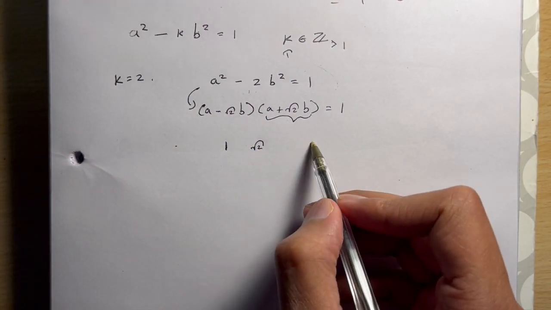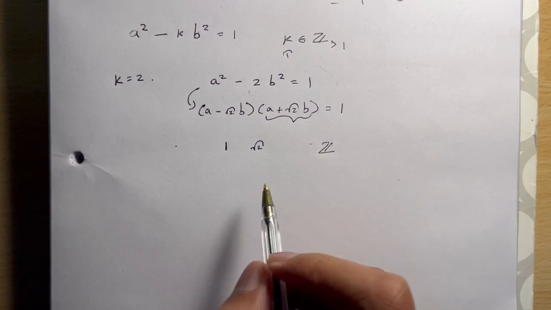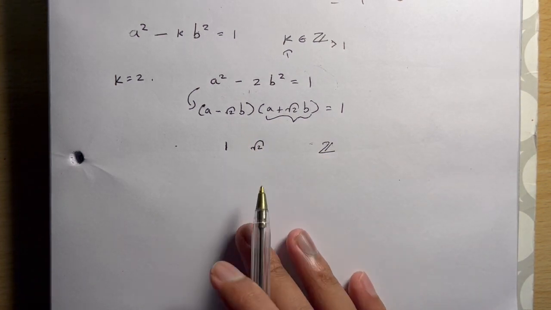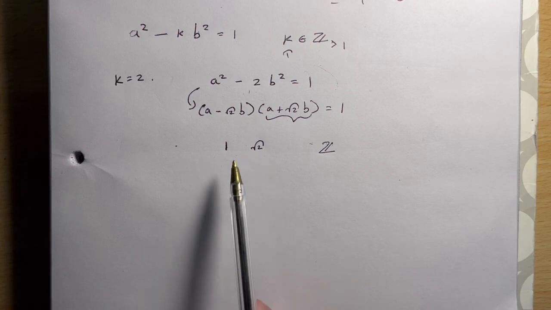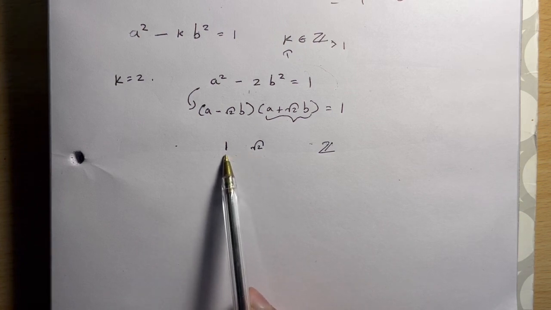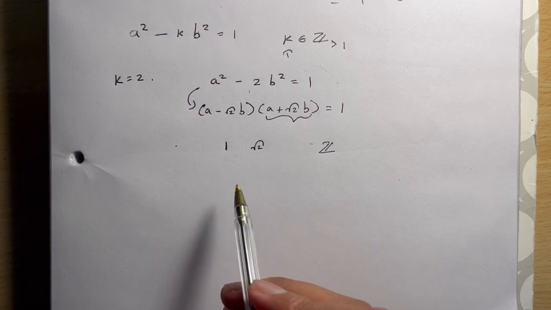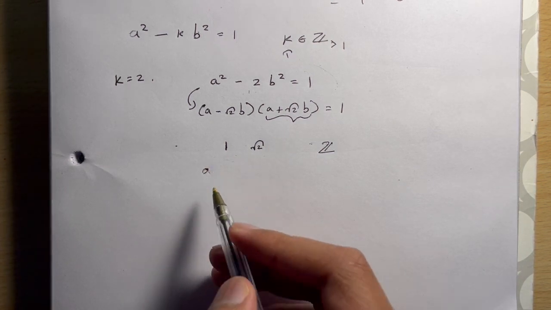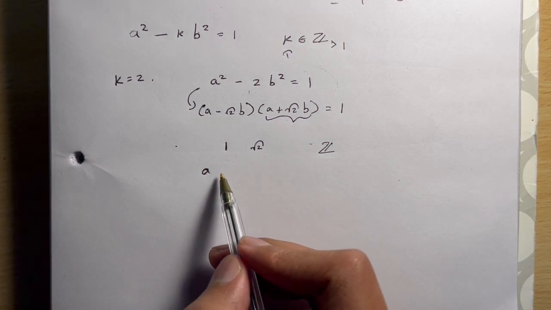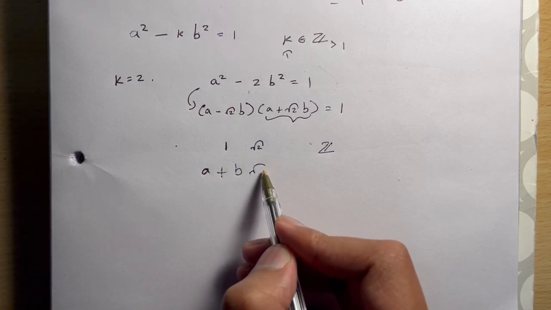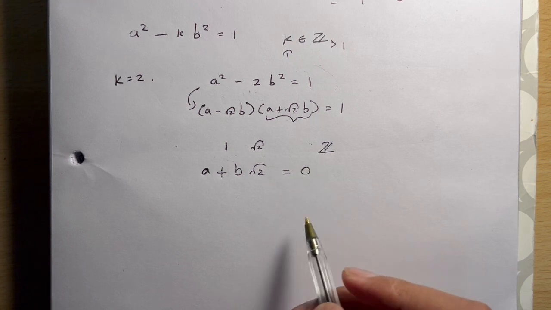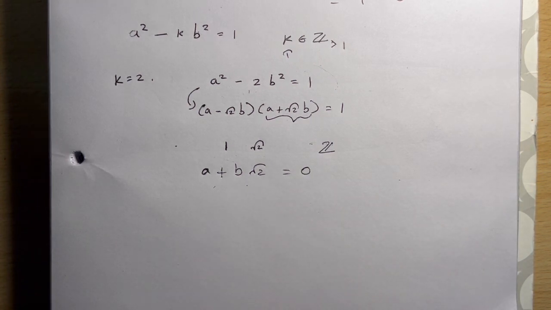And one thing we want to show is that these two are independent. That is, if there are A and B such that A plus B square root of 2 equals 0, then A and B are both 0. And this is pretty simple.